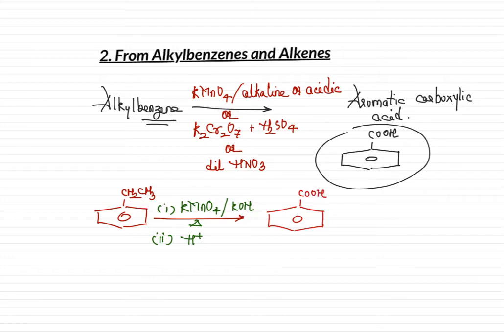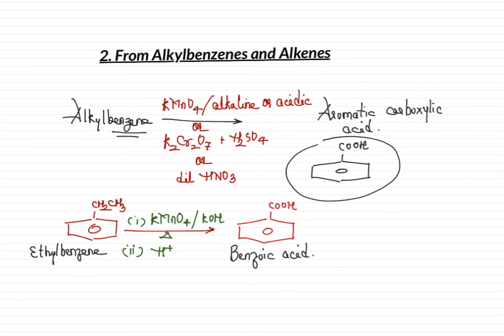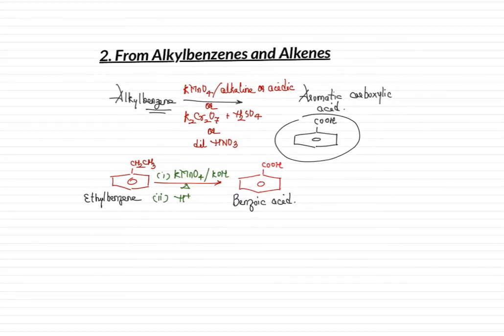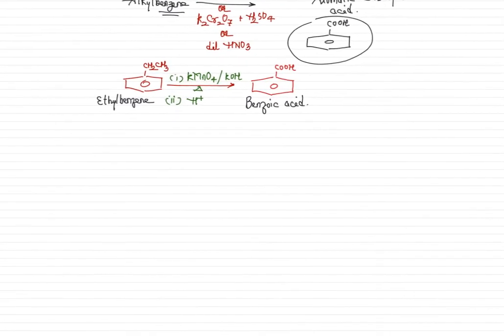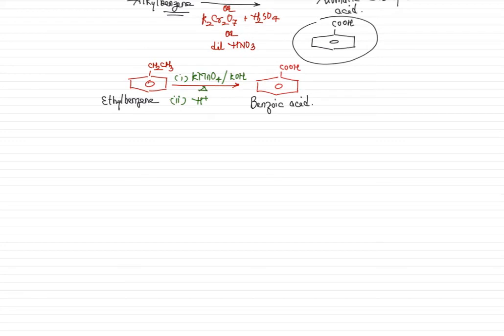So this was ethyl benzene, and finally you get benzoic acid. Basically, such reactions can be quite simple and easy. Irrespective of the chain length, every time you get the same product. I can give you one more option here.